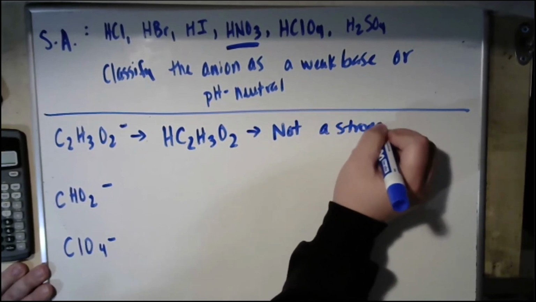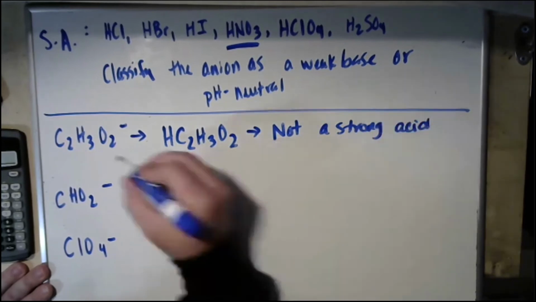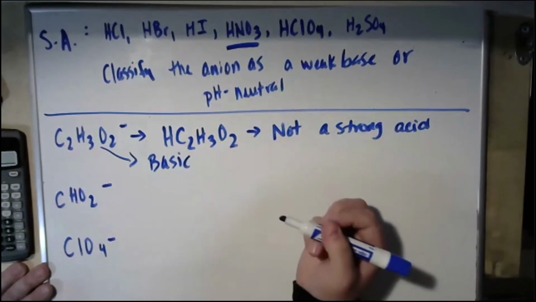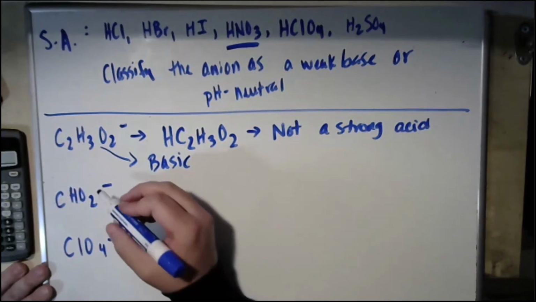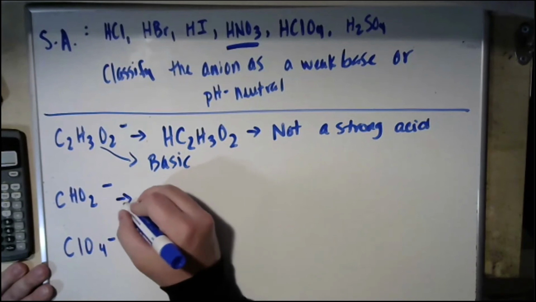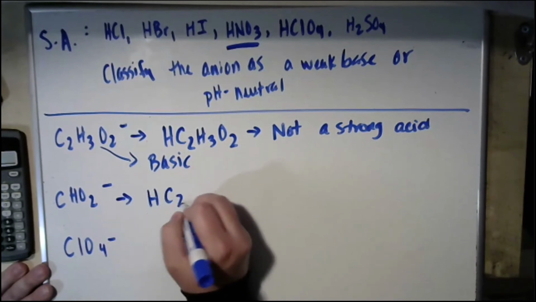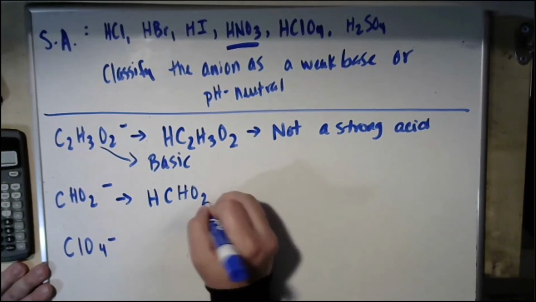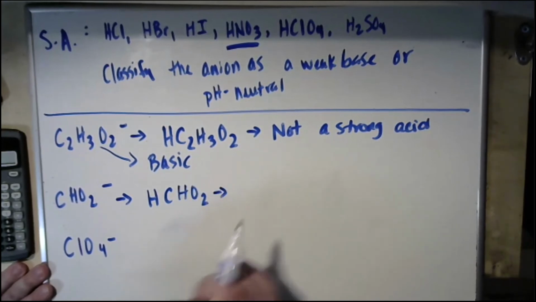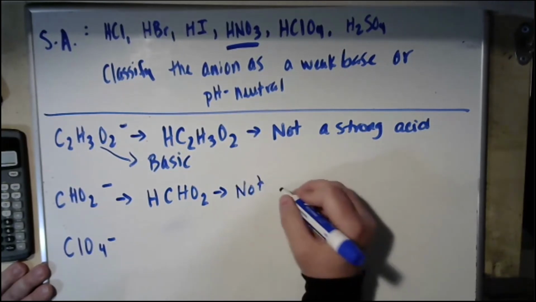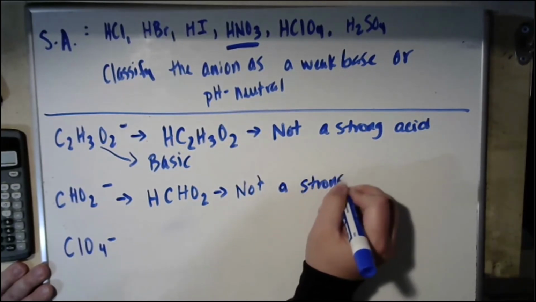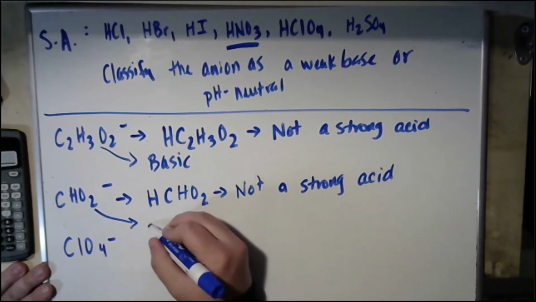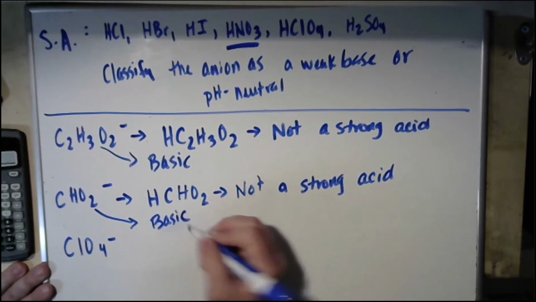Not a strong acid. That means that this acetate ion is basic. CHO2 minus will give me HCHO2. This, not a strong acid. So my ion is basic.